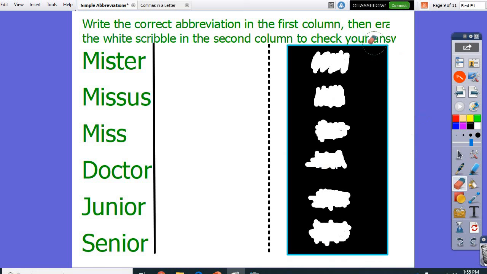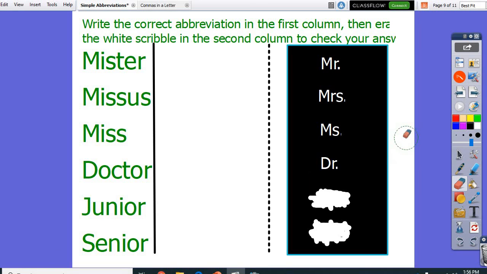So let's see. Oh, I know you know Mr. How would we write Mr.? Yeah, capital M-R period. Oh, what about Mrs.? Like if a lady is married, she's a Mrs. Yeah, Mrs. period. What about Miss? What about doctor?